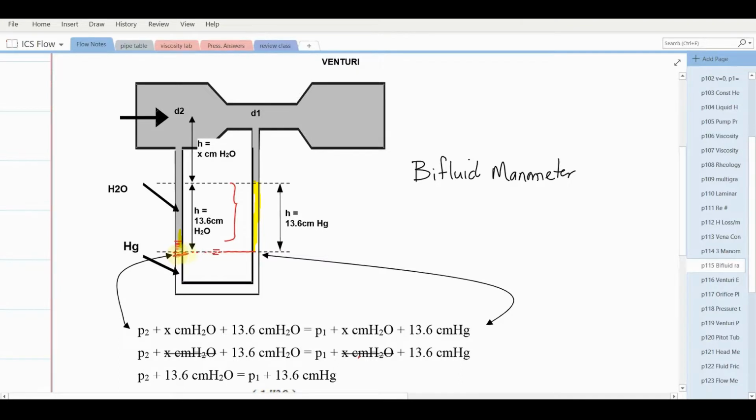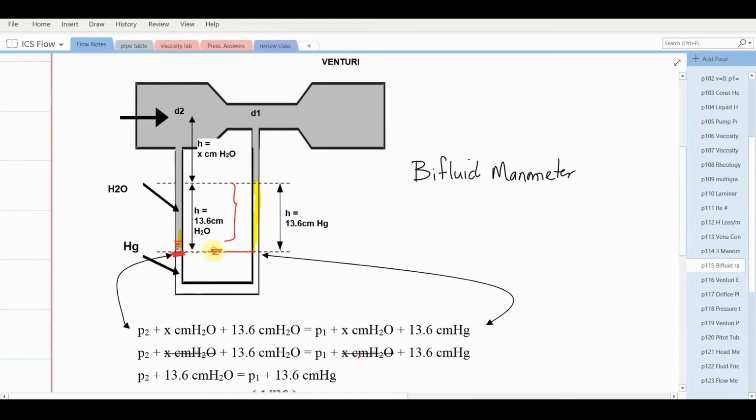What is the pressure at this point on the left? Well, it's everything above it, so we could add those up. P2 would be the pressure here in the pipe, plus X centimeters of water, plus 13.6 centimeters of water would be the total pressure at this point that I'm coloring red.